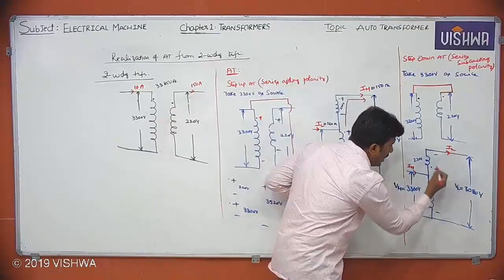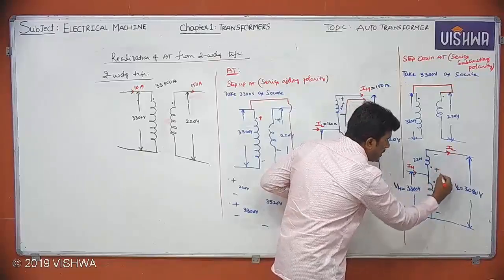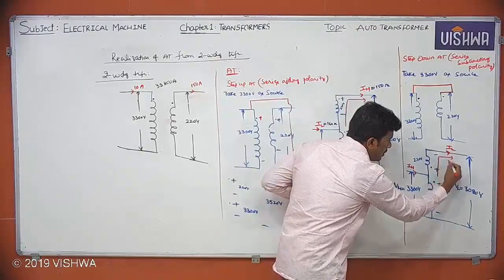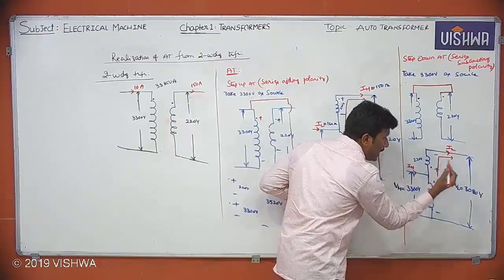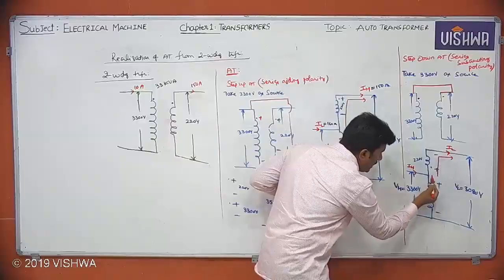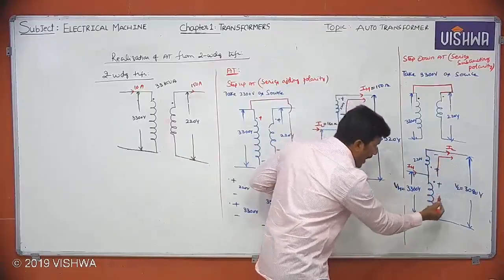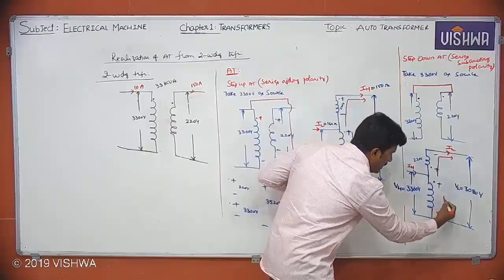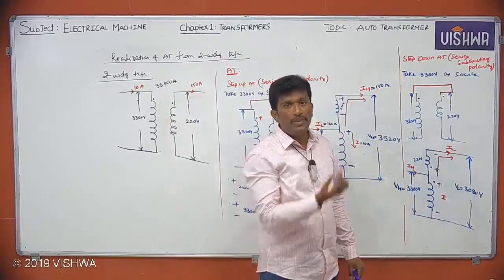Observe this IL from this dot: is it entering or leaving? The direction of IL is like this. That means it is entering a dot and leaving at the other dot. IL is entering a dot, going like this. Therefore, whatever current I is there, it has to leave the dot.